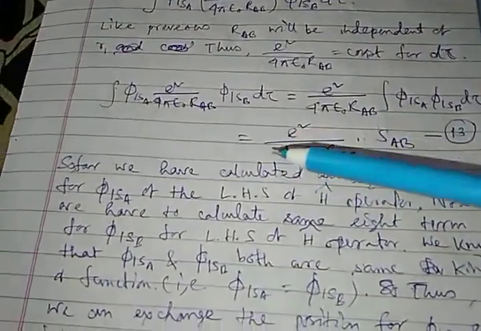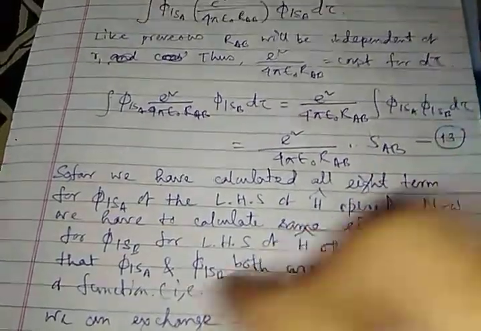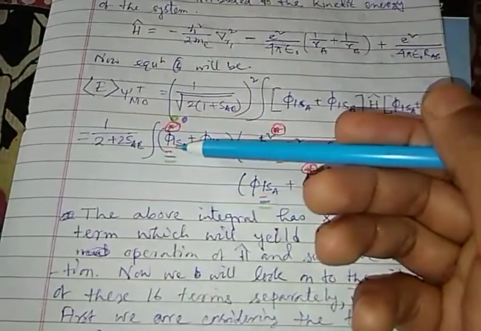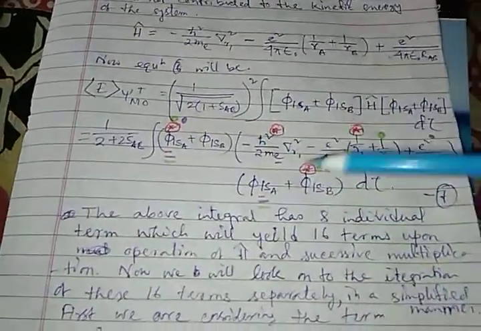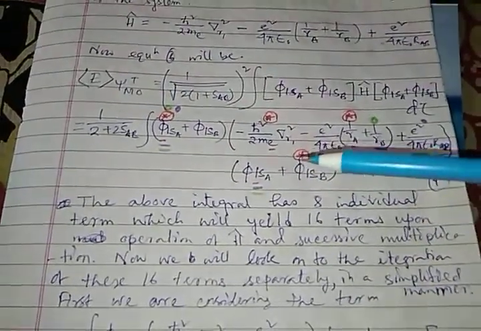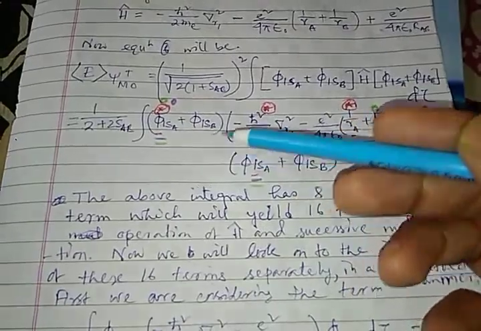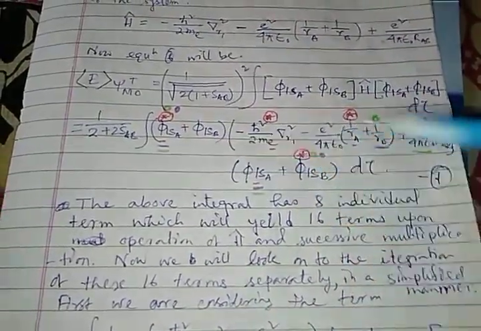So I have finished the calculation for the first one, phi 1sa, and I have already done 8 terms. That means I already have 8 terms in my hand. Similarly I have to do this for phi 1sb.